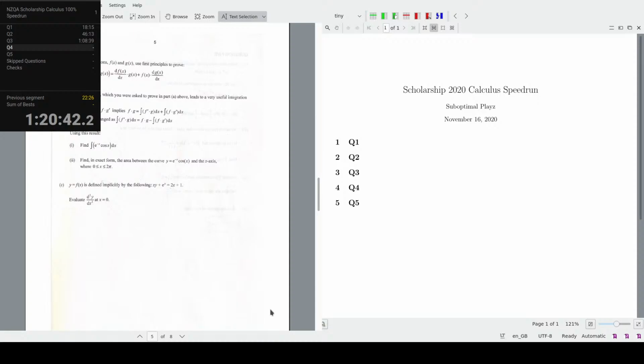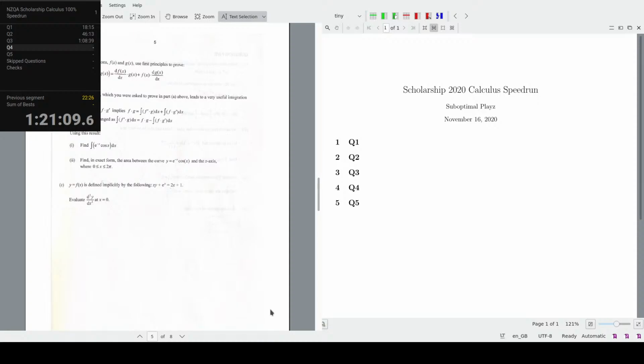So if we do it this way, it's f g prime, e to the negative x sin x, minus, and you would be minusing f prime g, right?